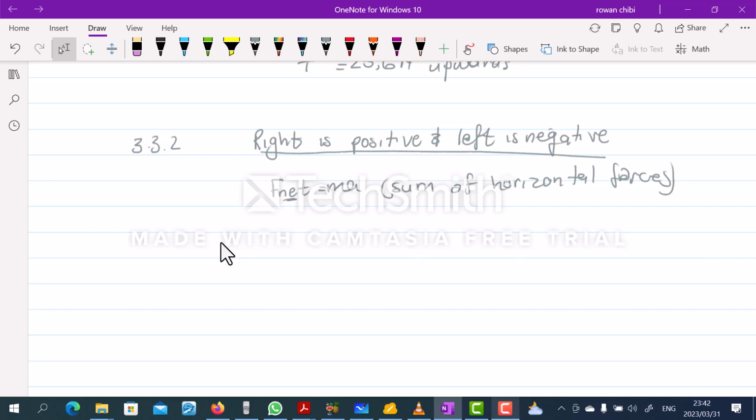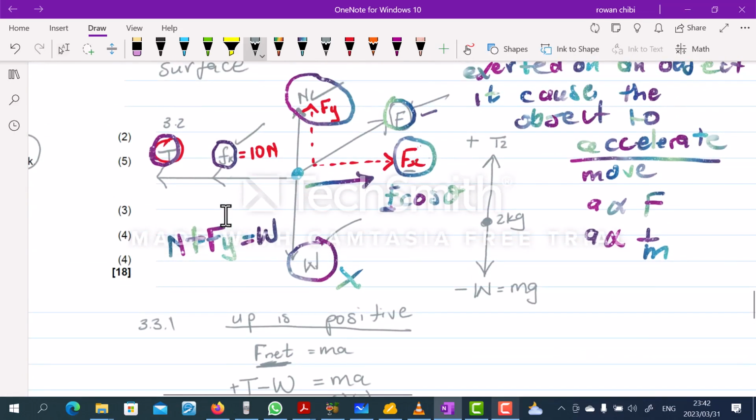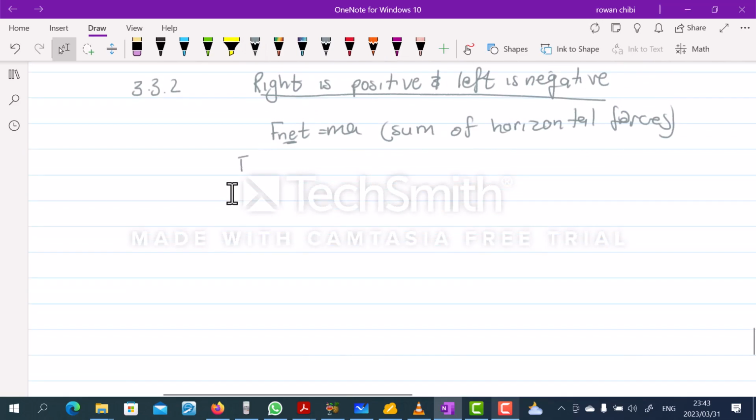So we said that there are three forces now that are horizontal. There is F of x to the right, friction is to the left, tension is to the left. So F of x is positive, friction is negative, tension is negative. So I'm going to say F of x is positive, minus the kinetic frictional force, minus the tension, equals ma.